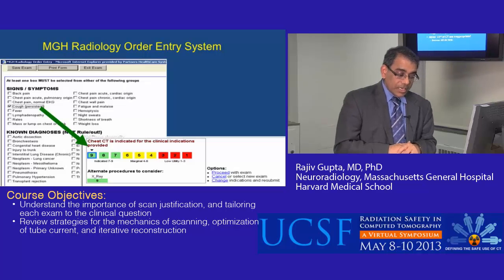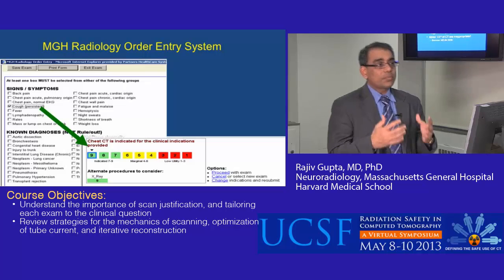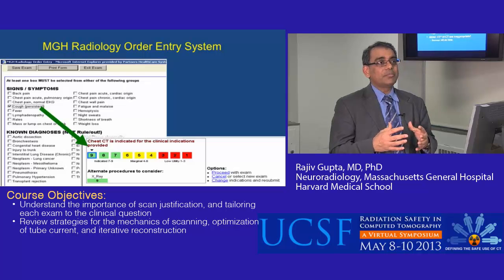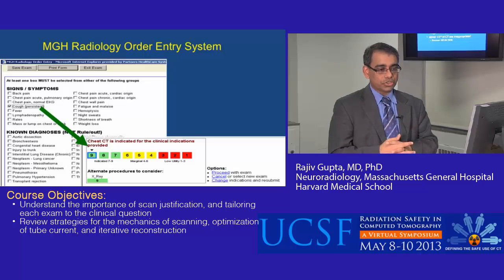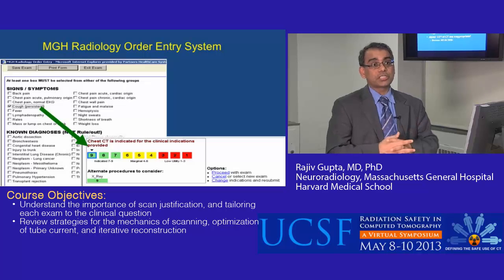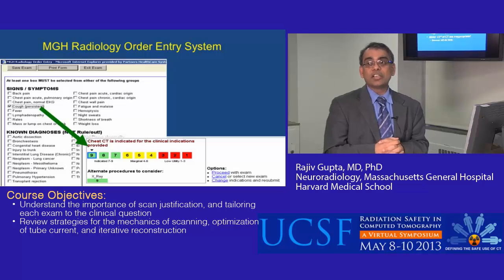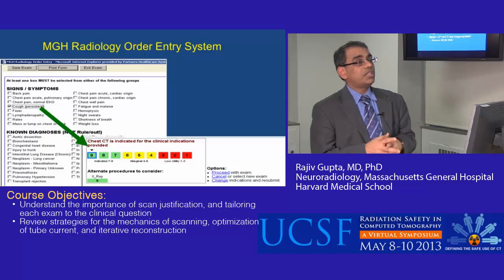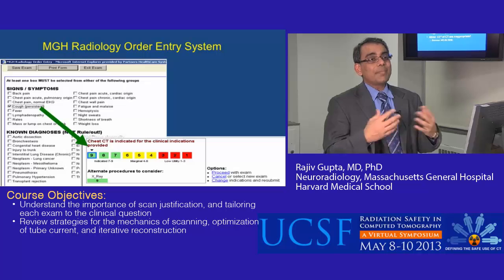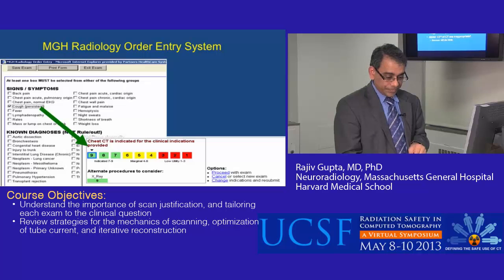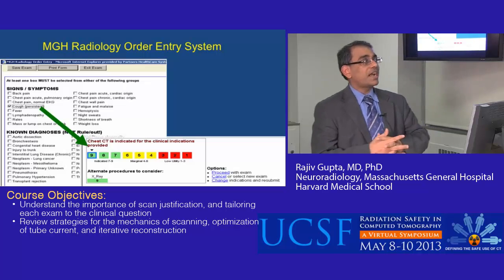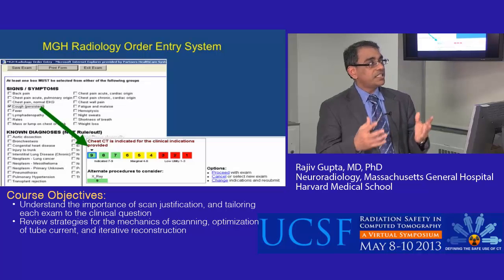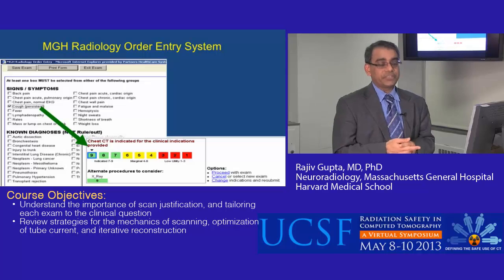So, it is one thing to just talk about the fact that it is a personal responsibility of the radiologists and of the fellows to make sure that the CT scans are properly ordered, but there is a systemic change that one can also make. Back in about 2008-2009 time frame, MGH instituted a radiology order entry system.